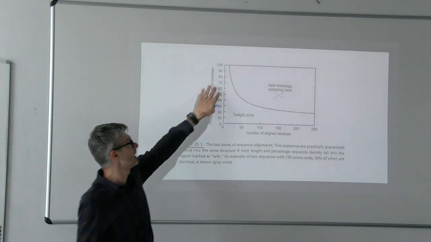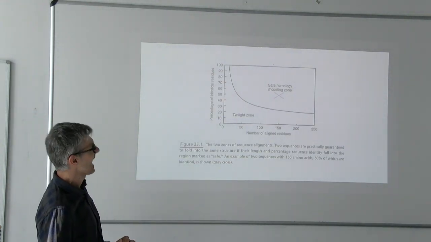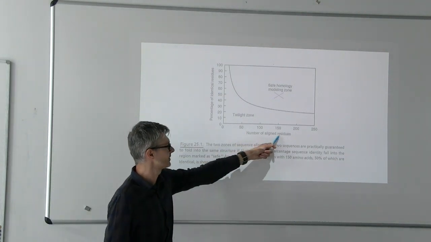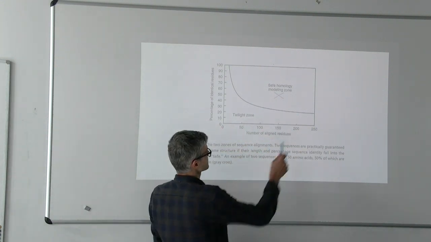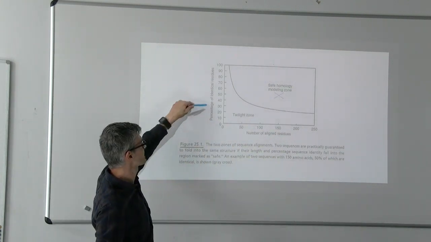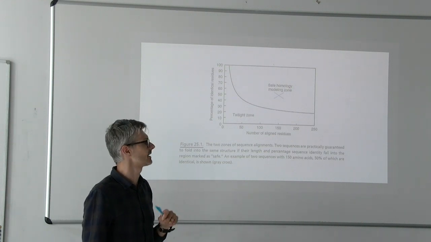So this is, let's say, a plot that you can use to have a look at what is possible. You see here the number of aligned residues. It only goes to 250, but you can just continue here, more or less. And this is the percentage of identical residues, so sequence identity, not similarity.